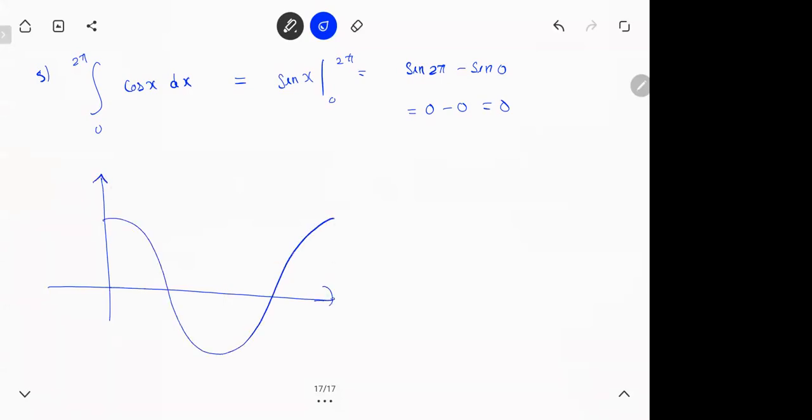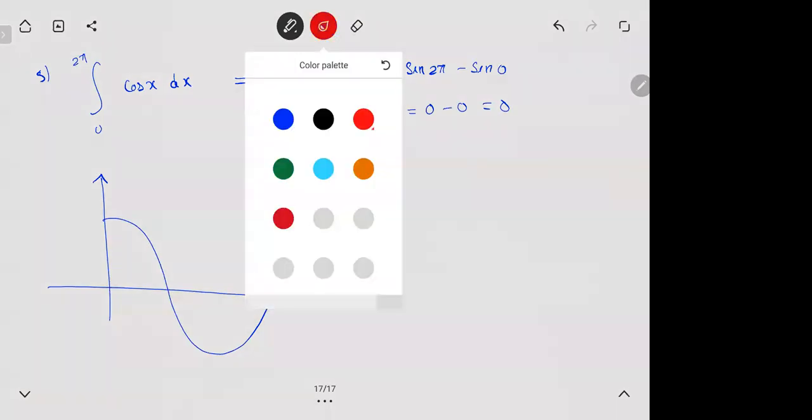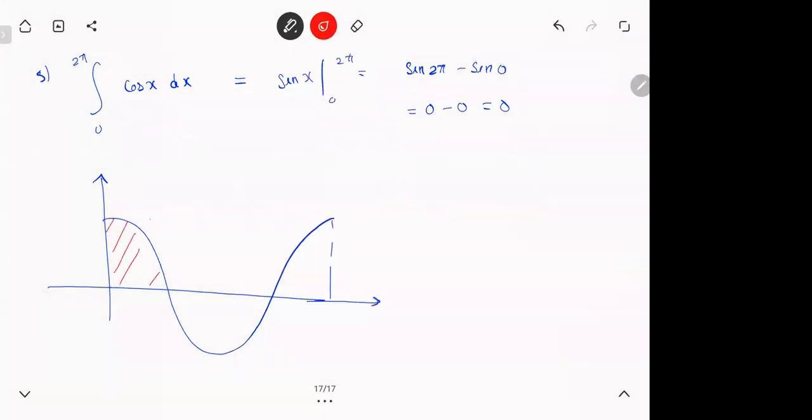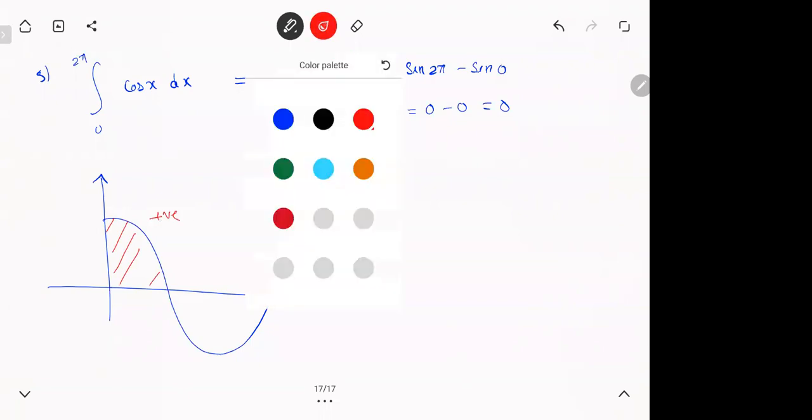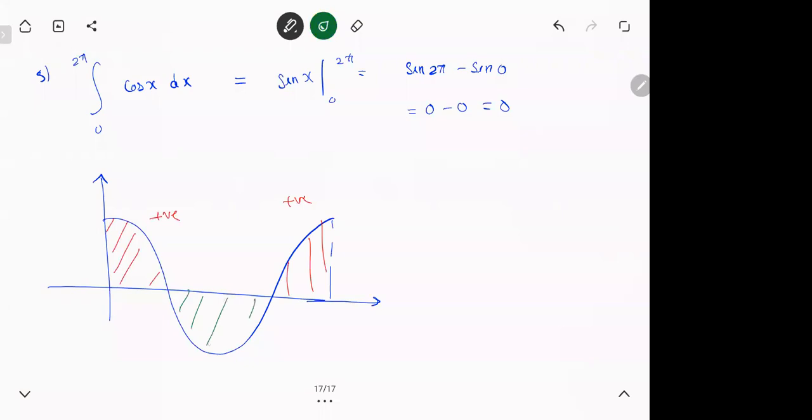this is a cos x graph. Now see the reason I'll tell you. This area above the x-axis is positive area. This below is the negative area. Why negative and positive? Above the x-axis, y coordinate is positive. What is area? Y into delta x.